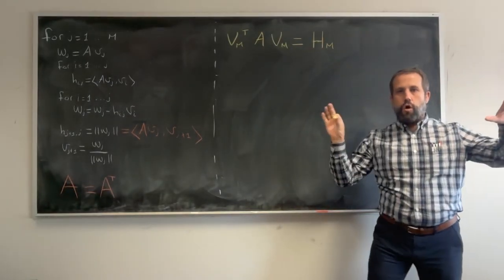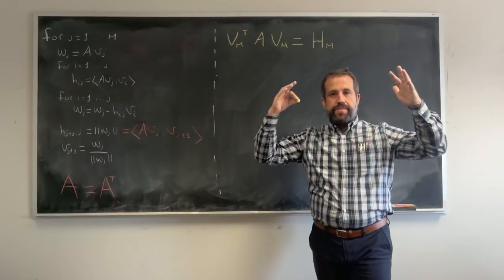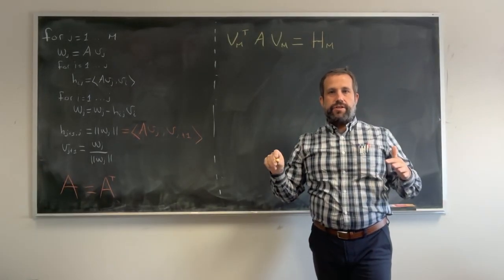Remember, H bar is a whole matrix. Hm is the H bar matrix with the bottom row removed.